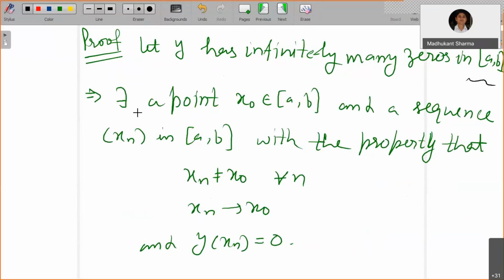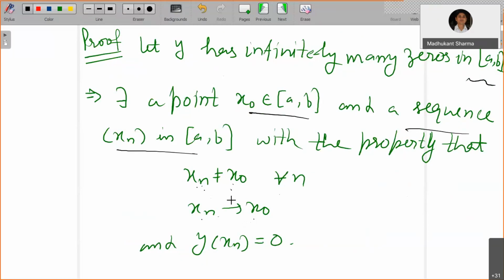Then there exists a point x0 and a sequence xn in AB with the property that xn not equal to x0 for all n, xn converges to x0, and y at xn is 0. So they are the zeros of y. That is very simple to generate. If you are not able to follow that, you can revise the concept of cluster point from the sequence cases.